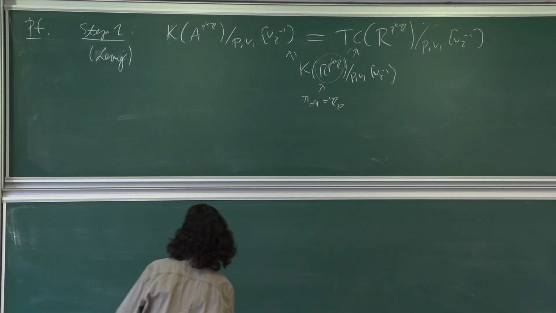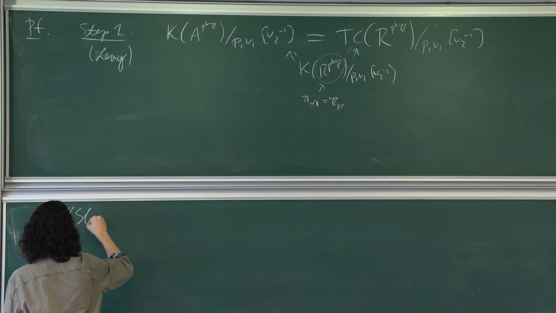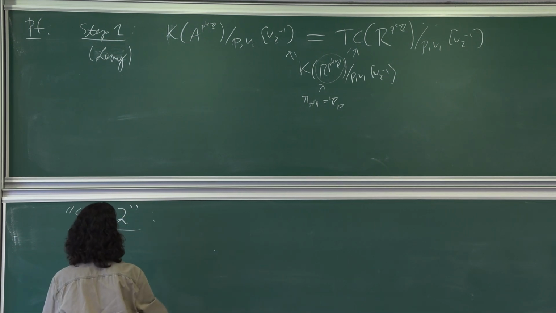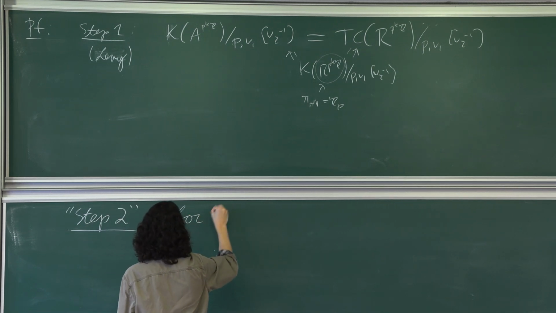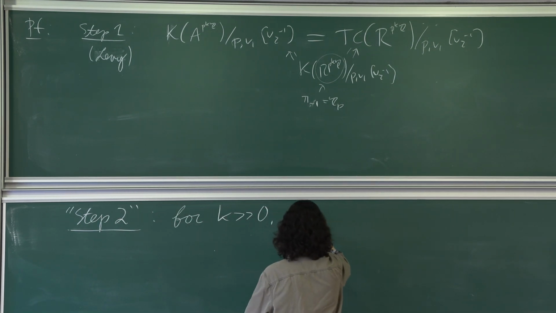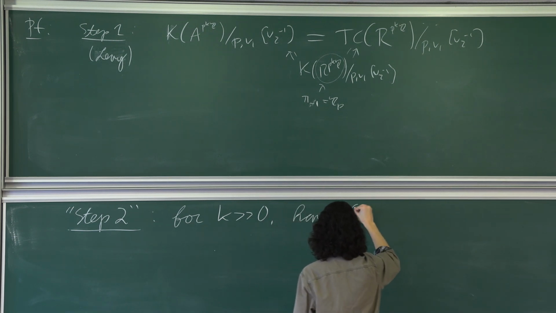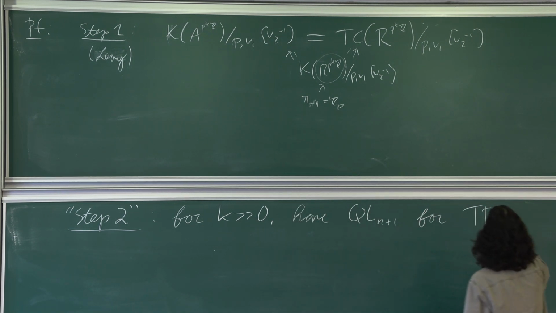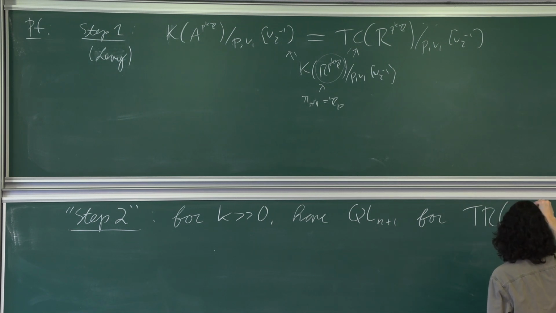So this brings me to the next step, I'm going to put it in quotation marks. So step 2, for k large enough, we have QL n plus 1 for TR R p to the kz.